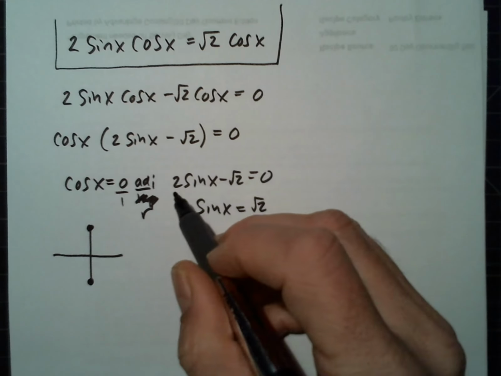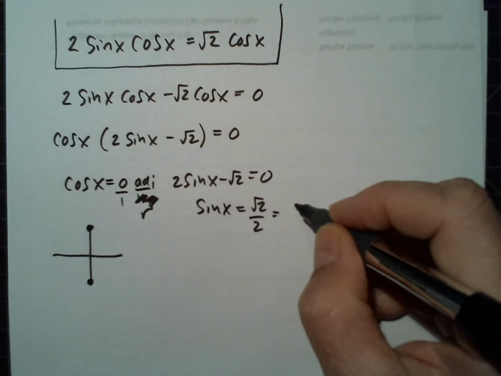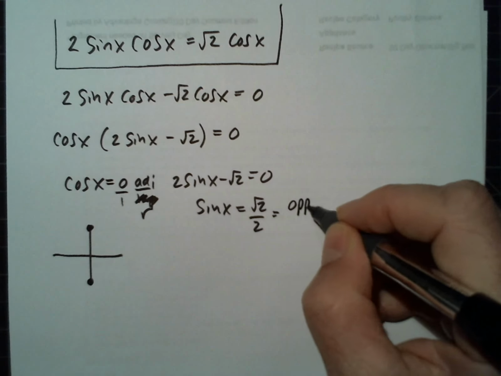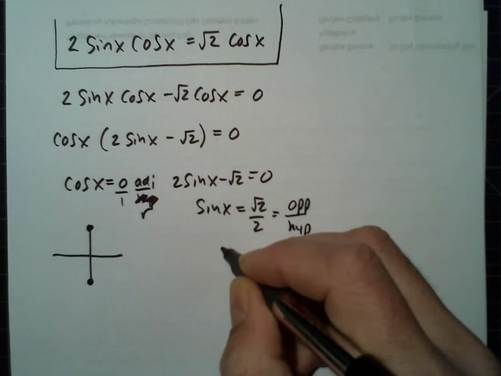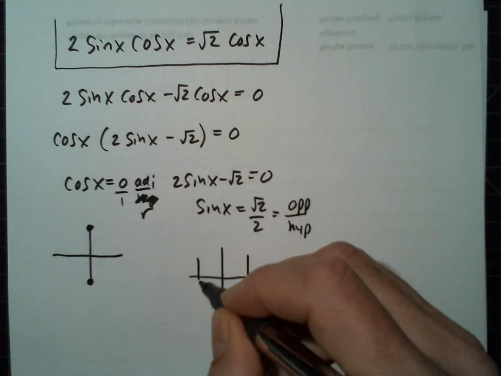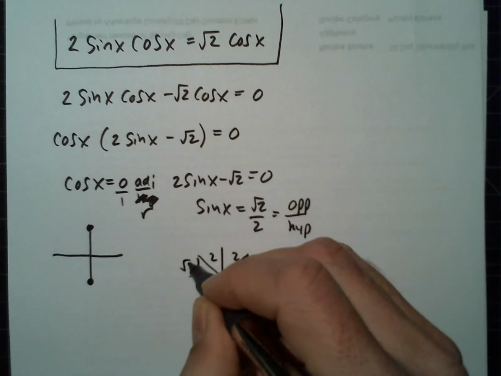Add radical 2 and divide by 2. And with sine, we're going to have opposite over hypotenuse. The opposite is positive. Hypotenuse.